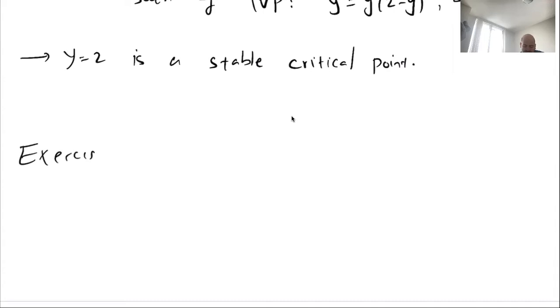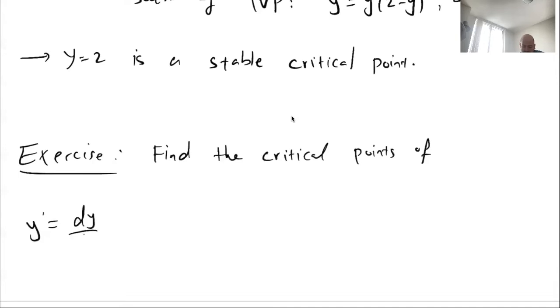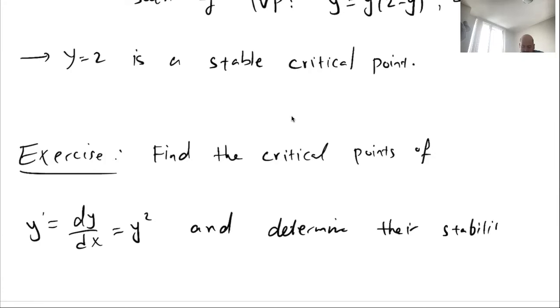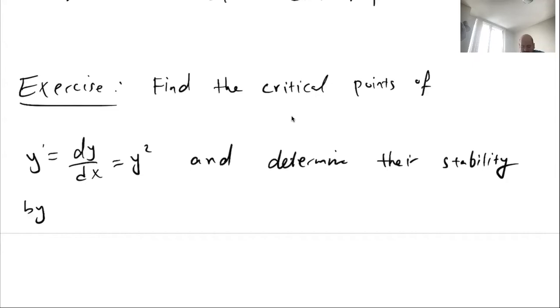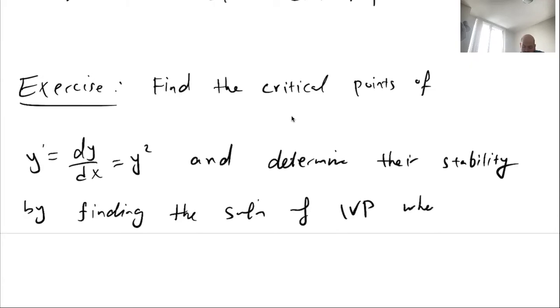Let's say, exercise: find the critical points of y prime equals dy/dx equals y squared, and determine their stability by finding the solution of the IVP, where you slightly change the initial condition.